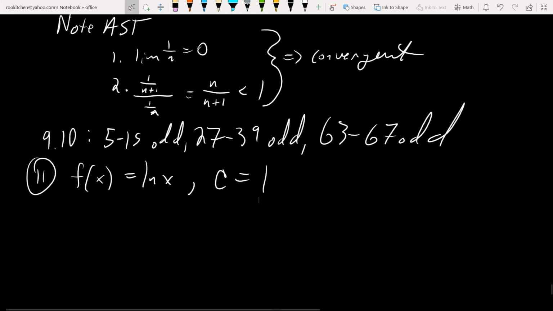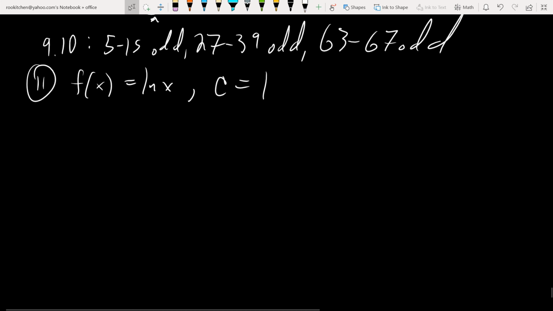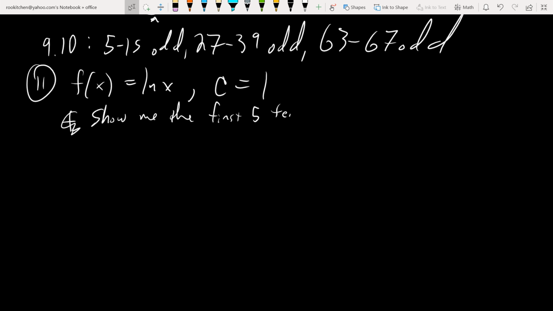We have c equals 1. Okay, so in this case, I'll ask you to show maybe the first 6 terms of the series, or first 5 terms. Okay, so show me the first 5 terms of the Taylor series.